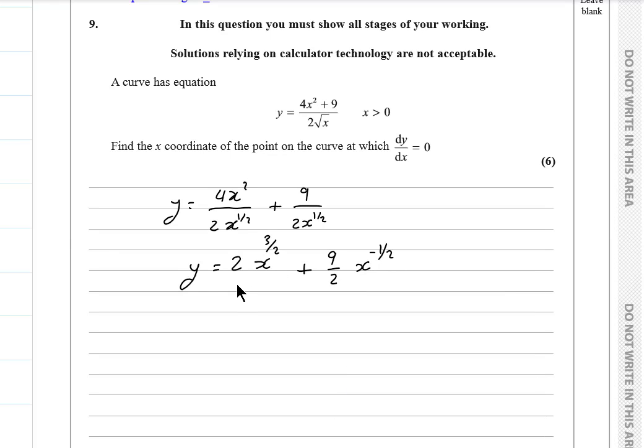Okay, it's ready to differentiate now. y dash equals, we will multiply 2 times 3 over 2 to be 3x to the power of half, and then plus, here the positive sign will be multiplied by the negative sign here to be negative, and then I will multiply 9 over 2 times half, which will be 9 over 4, and x to the power of minus half minus 1, which is minus 3 over 2.